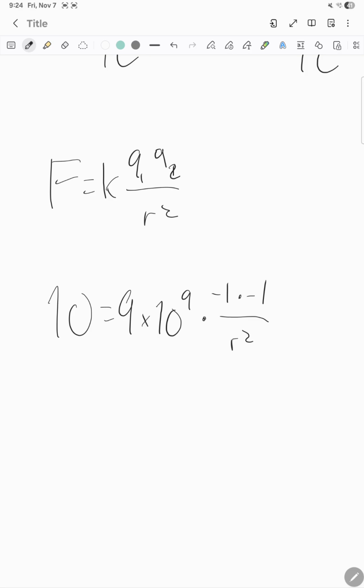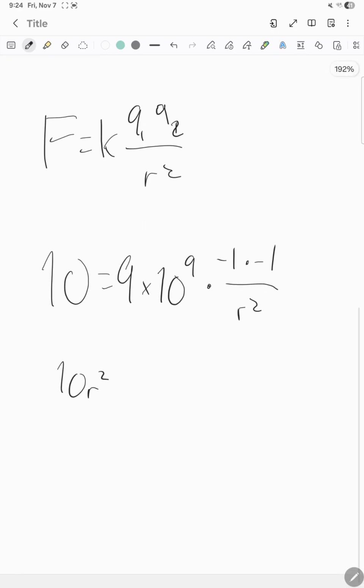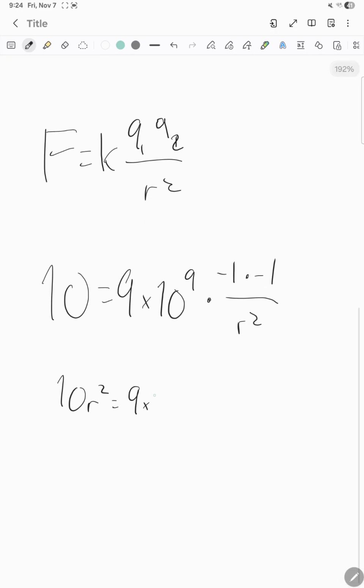And so you can isolate r squared first, so it'll be 10r squared equal to 9 times 10 to the 9, and so r will be the square root of 9 times 10 to the 9 divided by 10.